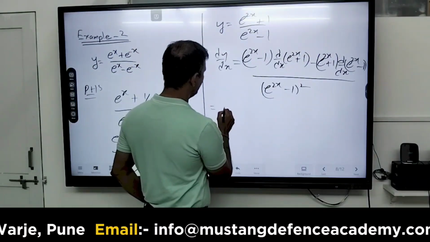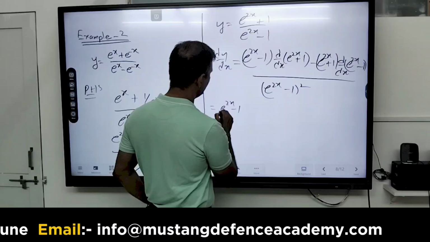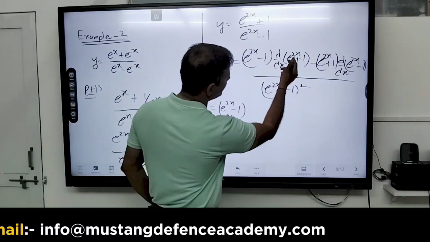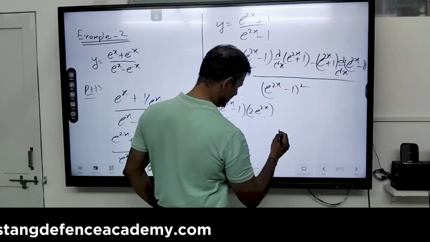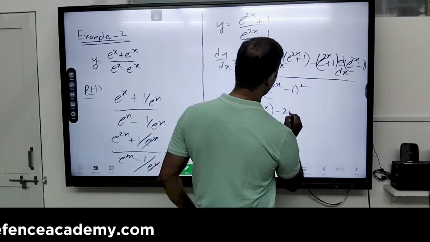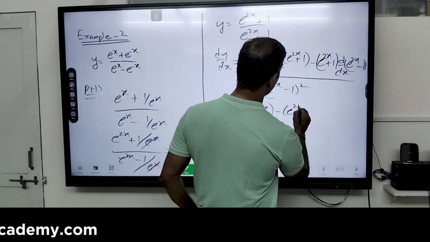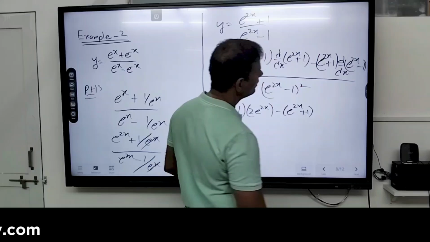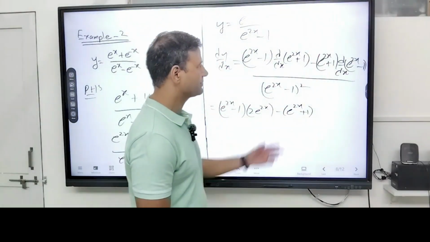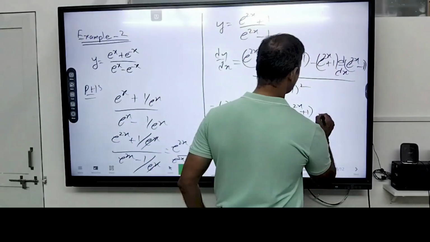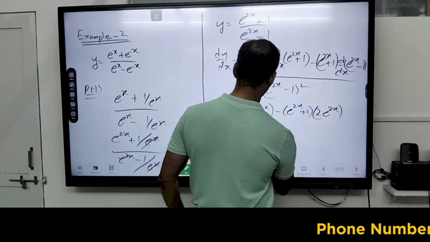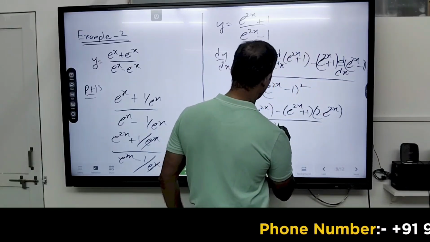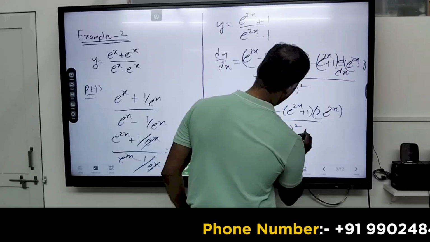Now simplify it. (e raised to 2x minus 1), d by dx of e raised to 2x is 2 e raised to 2x plus 0. So this will be minus (e raised to 2x plus 1), d by dx of e raised to 2x minus 1, d by dx of e raised to 2x is 2 e raised to 2x plus 0. So the whole upon (e raised to 2x minus 1) the whole square.